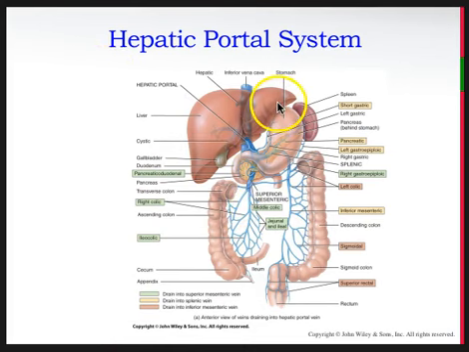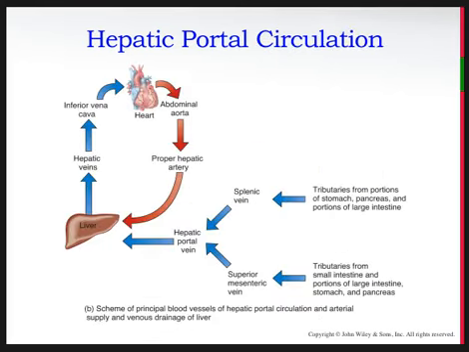Here's the liver. Here's the stomach sitting here coming into the duodenum. Here's the pancreas, right? And right here is our hepatic portal vein. So let's clear away a bunch of the stuff so you can see what's going on.